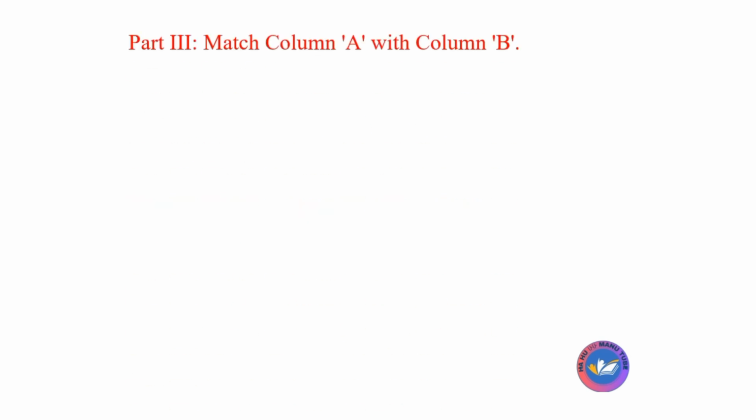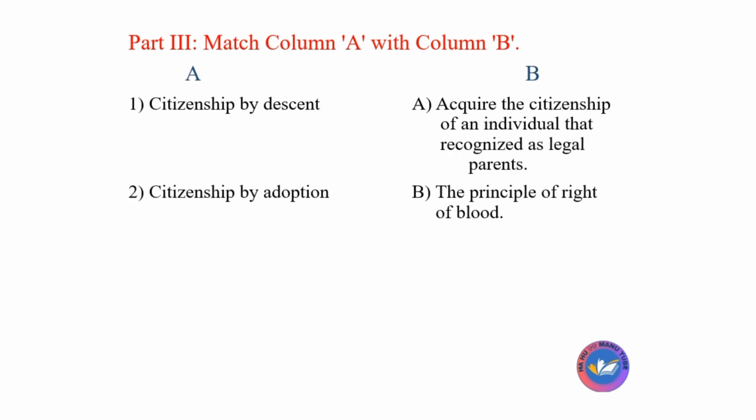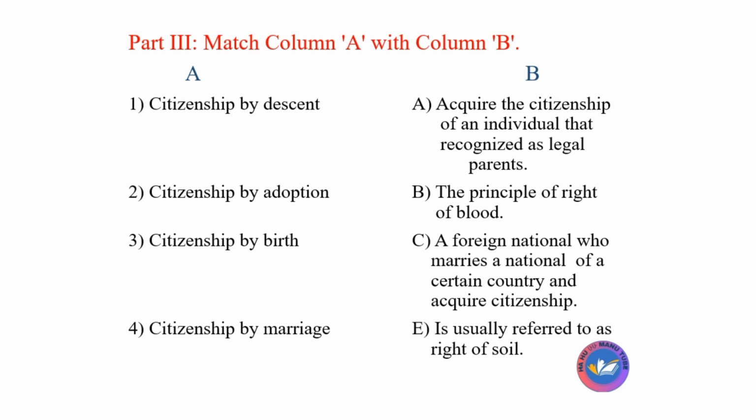Part 3. Match column A with column B. Did you finish? Good. Let's proceed. Citizenship by descent is the principle of right of blood.